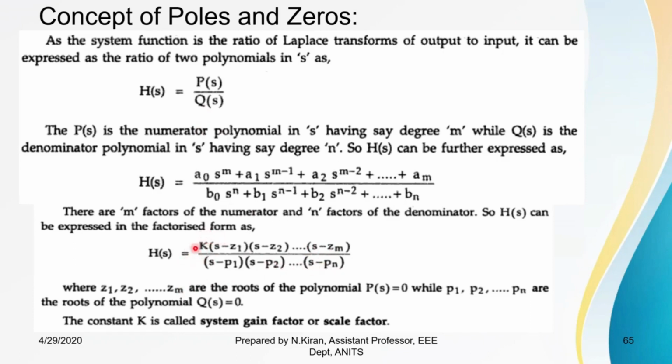or gain factor. So from this expression we can see the numerator becomes 0 when s is equal to z1, z2, and so on till zm. Similarly, the denominator of this expression becomes 0 when s is equal to p1, p2, and so on till pn.